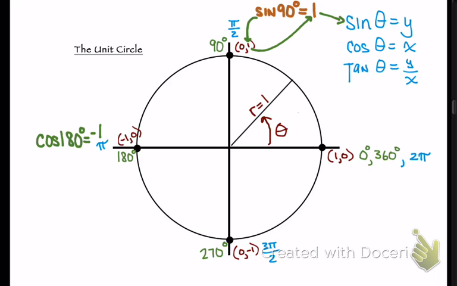Well, I know that cosine is the x value, and at 180 degrees the x value is -1, and therefore the cosine of 180 degrees is -1. Hopefully you're picking up on that. Any questions, comments, concerns? There might be some concerns at this point. Please just let me know, and good job.